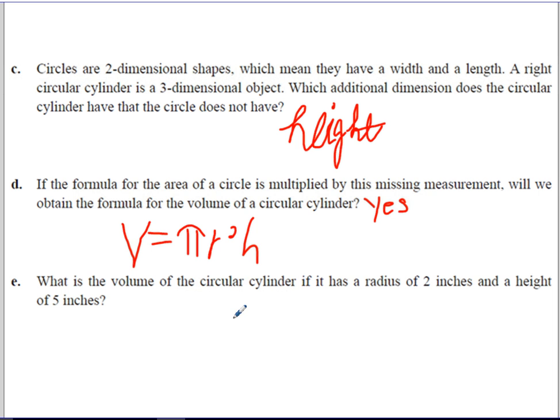And so what is the volume of the circular cylinder if it has a radius of 2 inches and a height of 5 inches? Well, we already know the pi r squared. That was 12.56 inches squared.